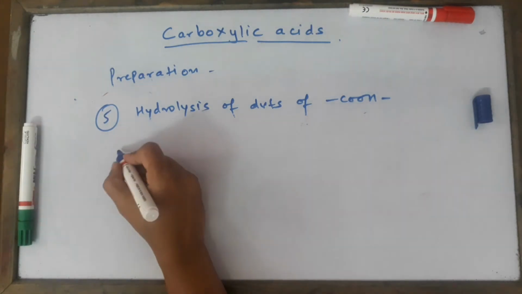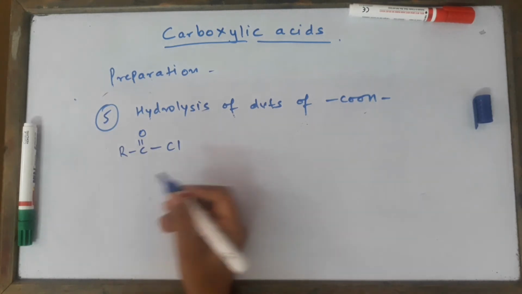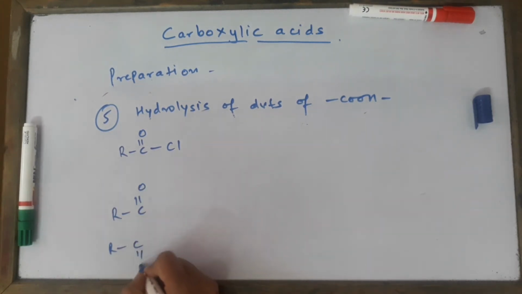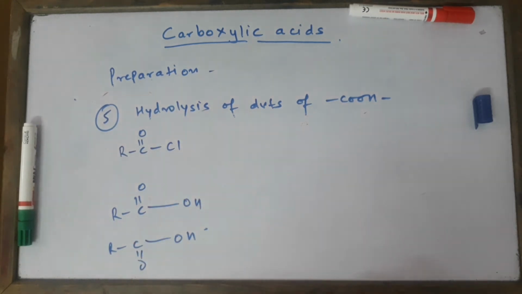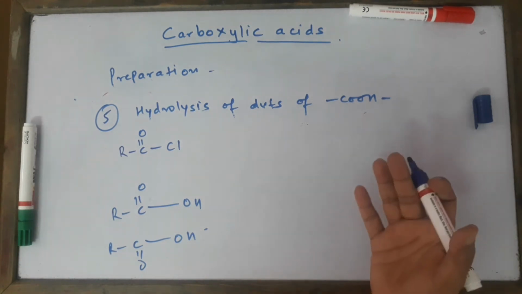That is, you can also use acyl halides and anhydrides, that is RCOCl, and the anhydride's formula is RCO-O-OCR. Look at this anhydride. It's not very challenging. Some children write the wrong formula, I've seen in the exam. So anhydride is nothing but something which has lost its water.